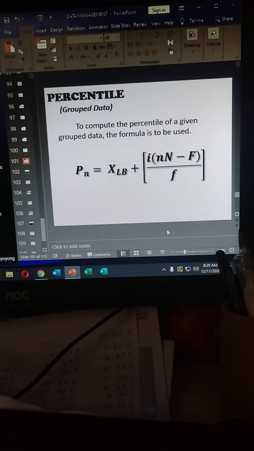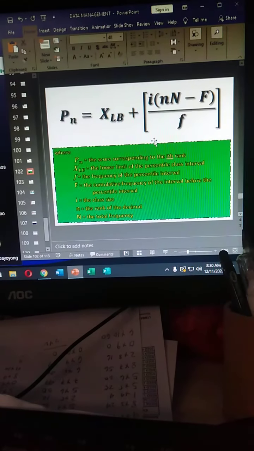Okay, we have the Pn, kung ano yung nahanap natin, is equal to lower boundary, XLB, plus i, which is the interval, times n, ano yung nahanap natin na percentile. And then yung malaking N is the total number of frequency minus the F, the capital letter F, which is the cumulative frequency of the interval before the percentile rank. And f na maliit is the frequency of the percentile interval.